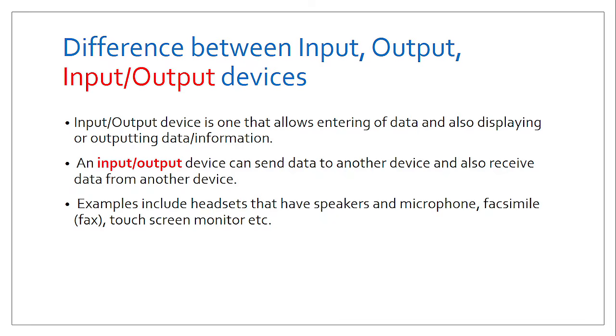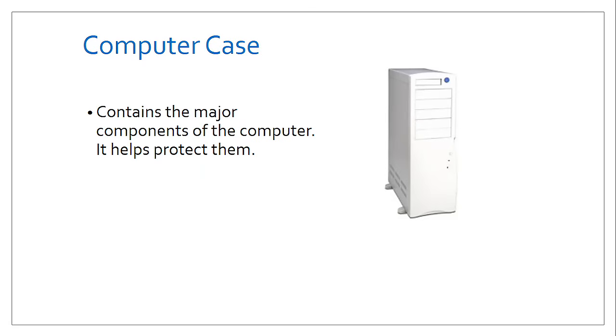We don't have many devices in this particular category, but you can talk about maybe the fax machine and touch screens, like for example smartphones. You can display and touch on particular files for them to open and so on. So when we talk about the computer architecture, we also need to understand how the input-output devices function.